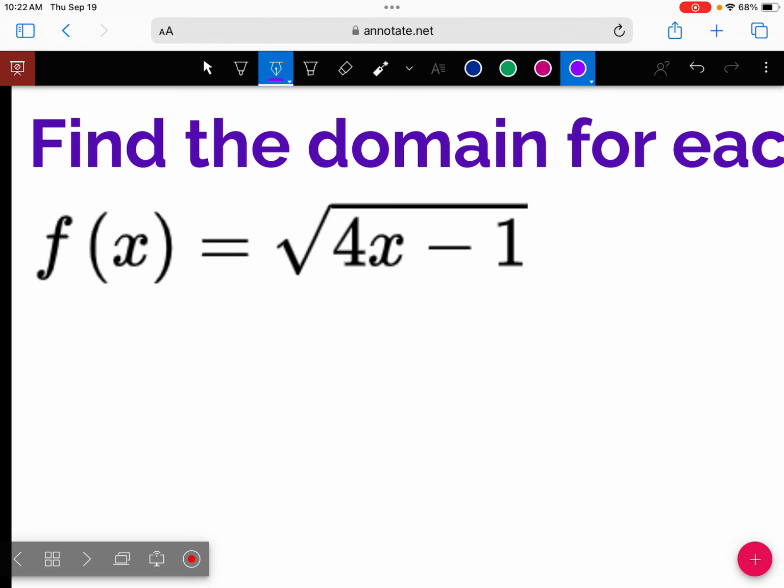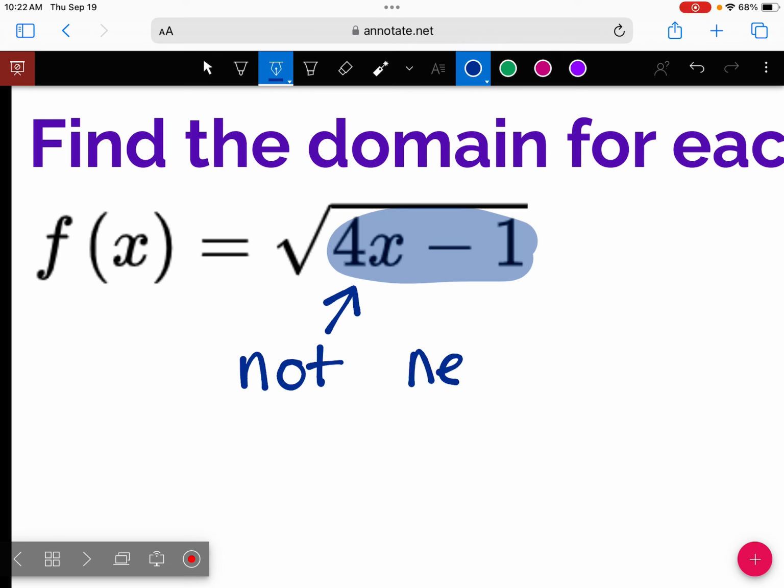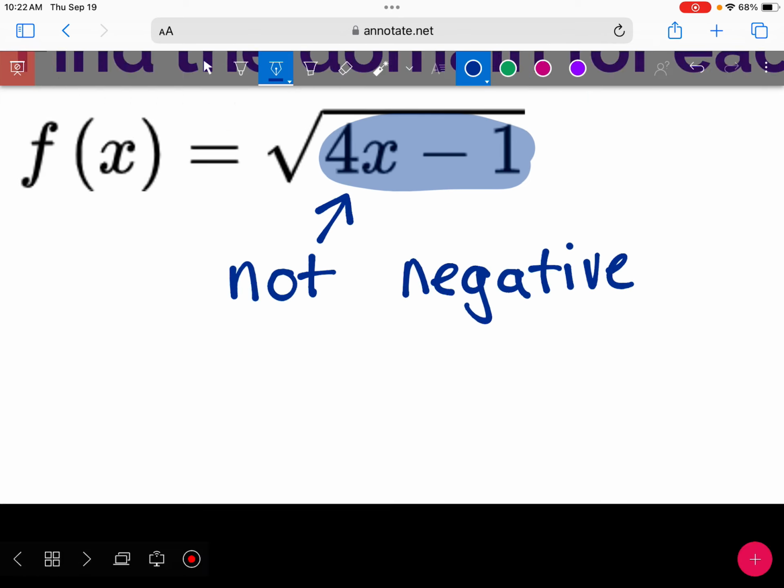So what's under the square root needs to be what? Positive. Or at least not negative, right? So I need, for this thing to stay a function, I need this chunk to not be negative. Could it equal 0? Yeah.